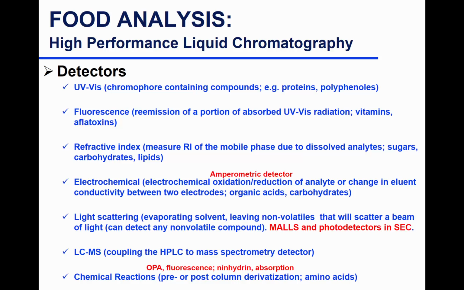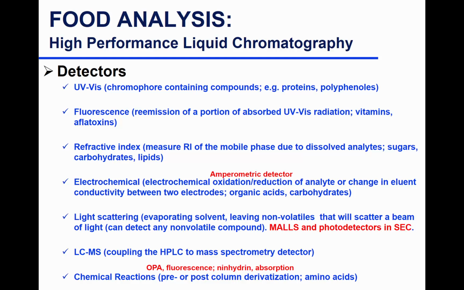Fluorescence is another common detector coupled with HPLC. You can use fluorescence to measure compounds that can fluoresce, meaning they absorb light and then they emit radiation back. We'll talk about fluorescence in detail when we talk about spectroscopy, but that's what I want you to just know for now. Fluorescence is emitting of light after absorption.